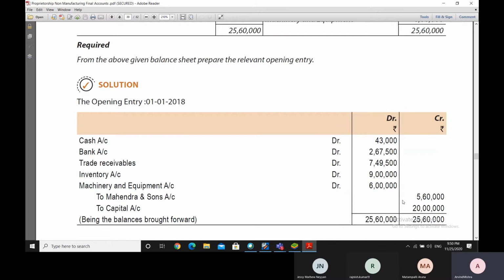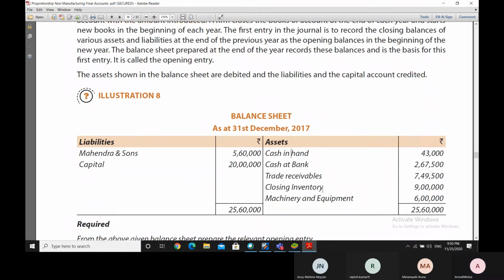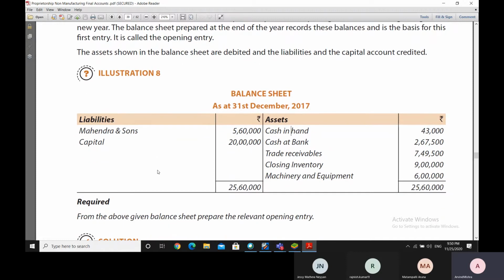and finally we are seeing the Mahindra and Sons account and the capital account. So as we can see, the Mahindra and Sons account is a loan account. The capital account is the capital introduced by the proprietor.